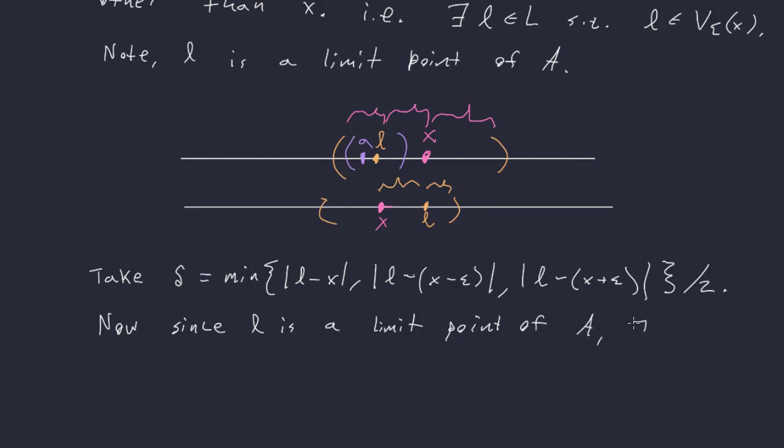there exists an A in the delta neighborhood around l.